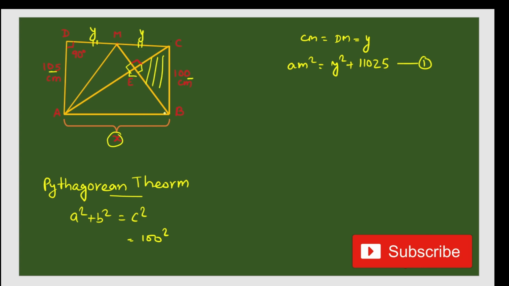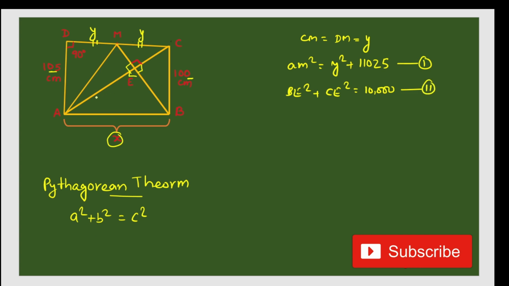Now the other two sides are BE and CE, so BE square plus CE square is equal to 100 square, which is 10,000. This is our second equation.